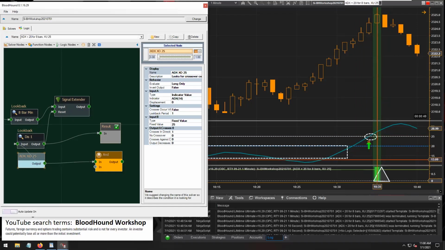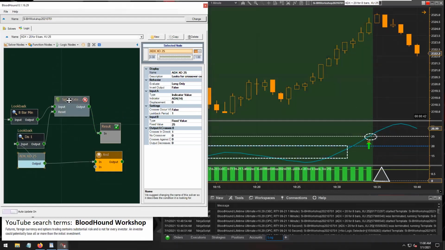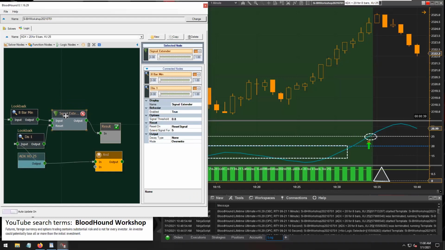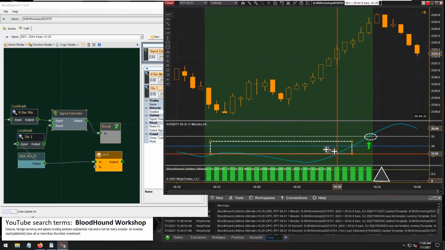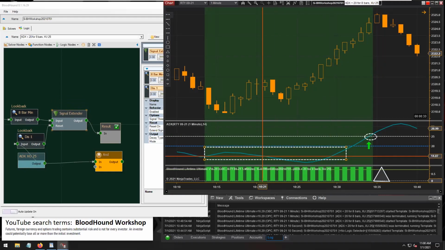Now when we look at the signal extender, our ADX being below 20 for 8 bars, that condition is now being extended forward until our ADX crosses 25.